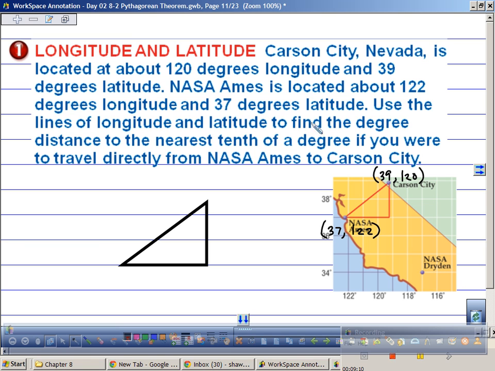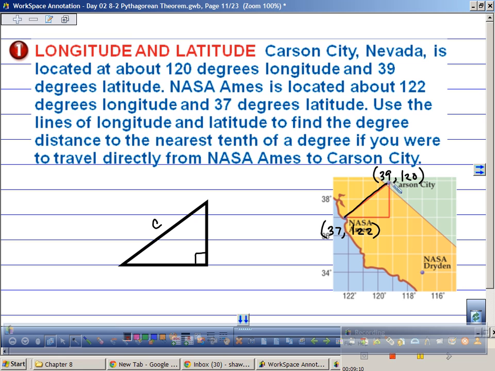Use the lines of longitude and latitude to find the degree distance to the nearest tenth of a degree if you were to travel directly from NASA to Carson City. So I'm traveling from here to here, so I am going to be measuring C. Now I can find that by just measuring each side of this right triangle, correct?